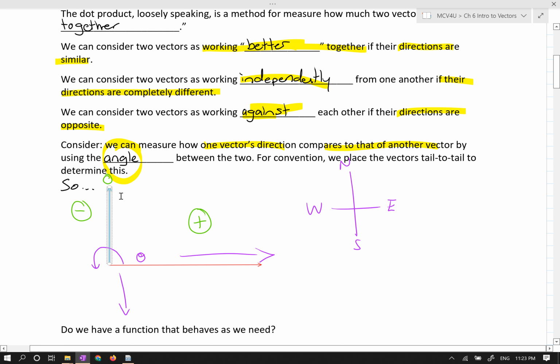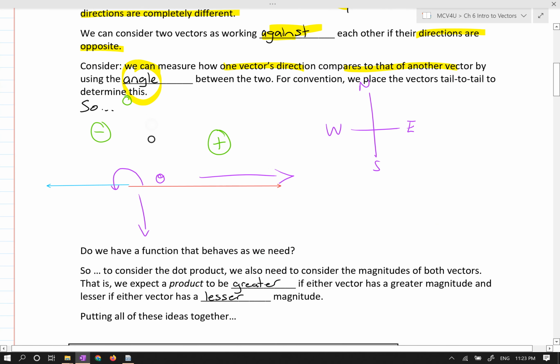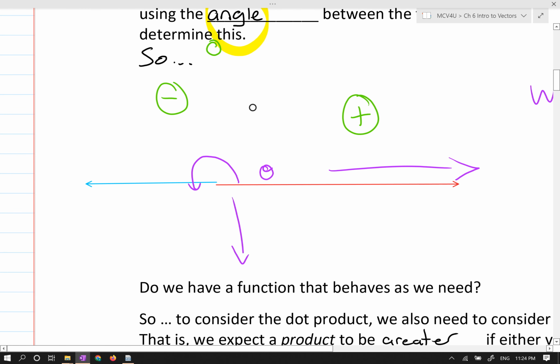If you're following along with some of this logic, that's great. If not, that's okay. You'll get some more hard rules for you to work by in a little bit. If the two vectors are working directly opposite one another, then we're expecting not only a negative dot product, but a really negative dot product because they could not be working more against each other.